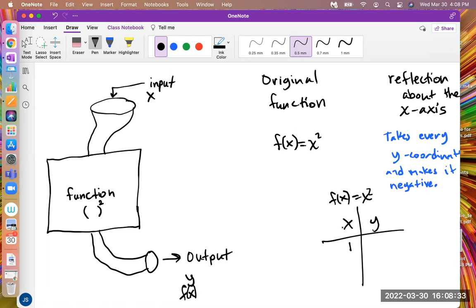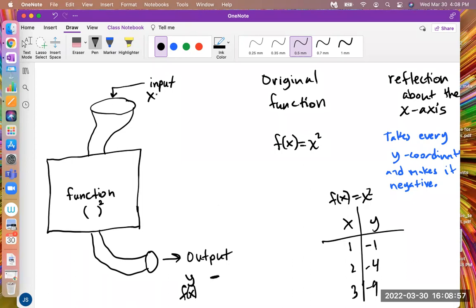Right. So let's say I plug in 1 and that gives me 1. I plug in 2 into that equation and it gives me 4. I plug in 3 and it gives me 9. If I was to flip this, I'm taking all of these y coordinates and making them negative. So I'm taking the outputs and making them negative.